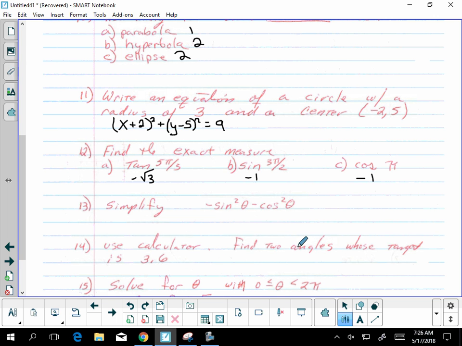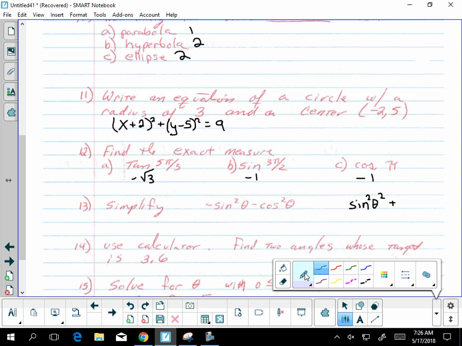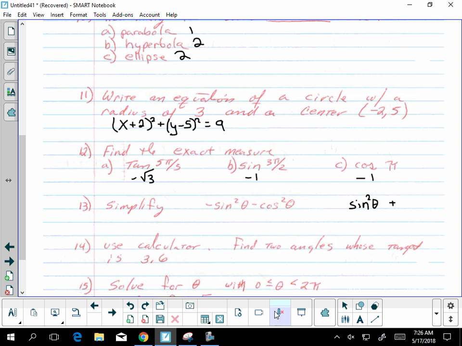All right, so we want to simplify sine squared theta minus cosine squared theta. Well, go back to your identities, and these will be given to you on your final. We know that sine squared theta plus cosine squared theta equals 1.